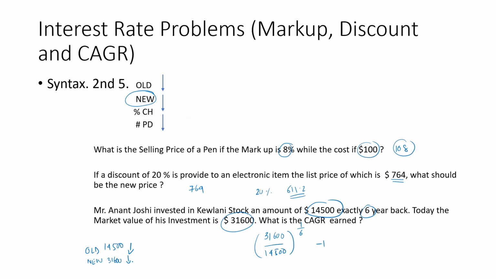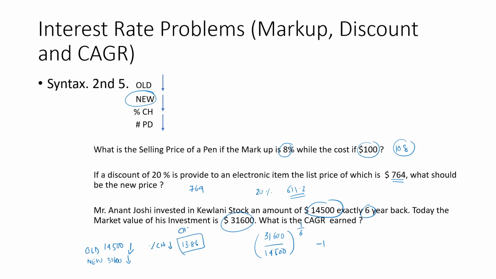Leave it as that. Don't do anything. Press the down key. Now in this PD, I want you to write 6 and press enter. And press the down key. And press the down key 3 times till you come to percentage change. When you come to percentage change, now you press the CPT. 13.86. Okay.